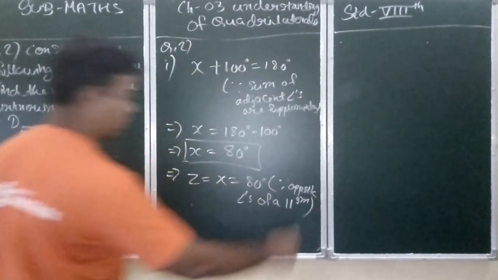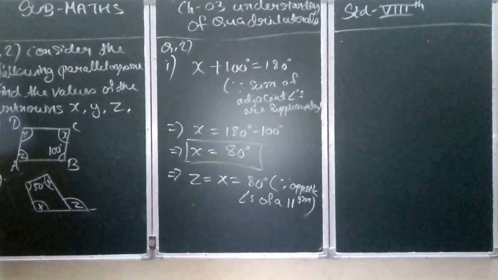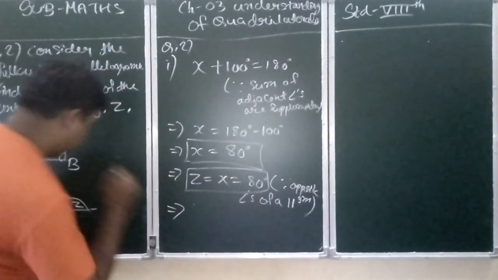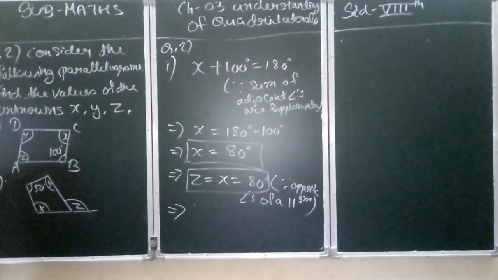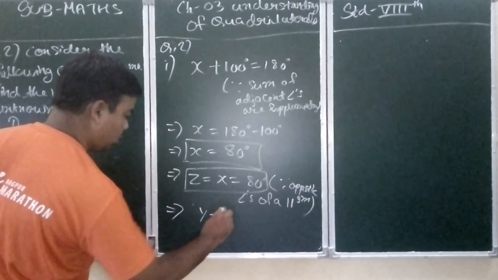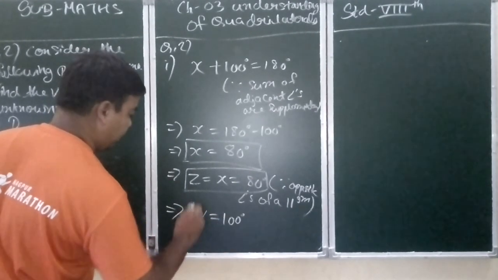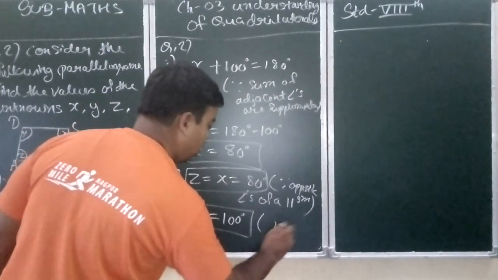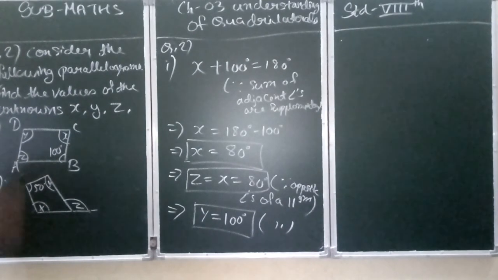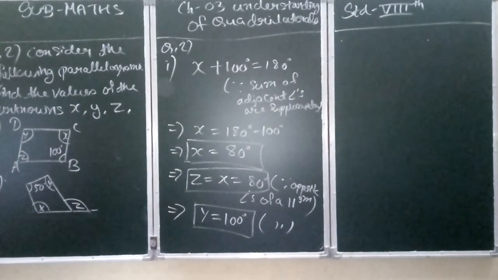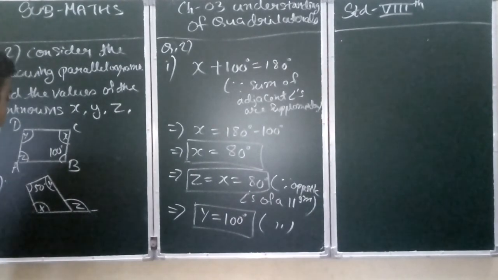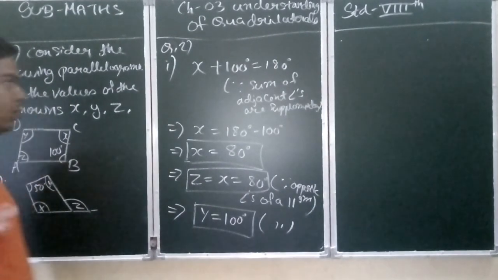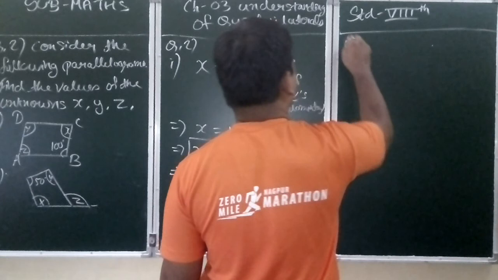Then third is y, and y is equal to 100 degrees, opposite angles of a parallelogram. So x equals 80 degrees, z equals 80 degrees, y equals 100 degrees. We got the three angles x, y, z.